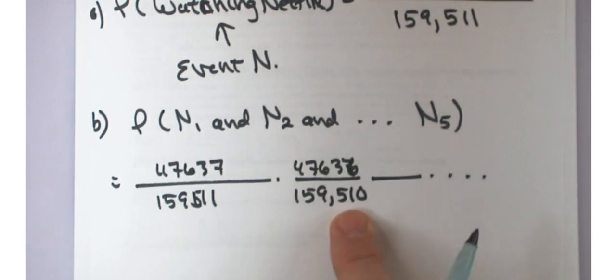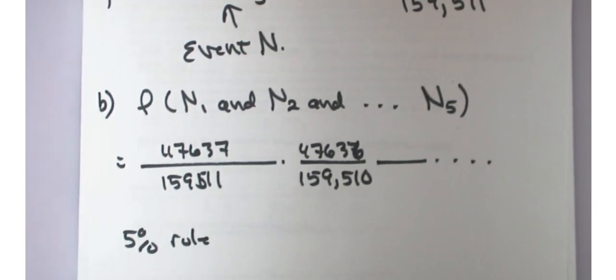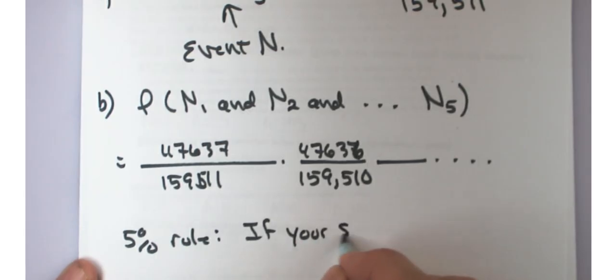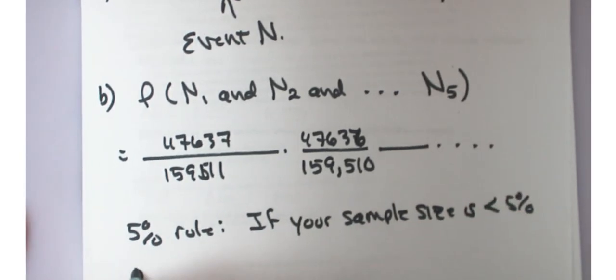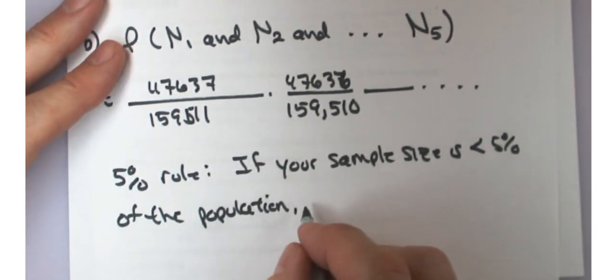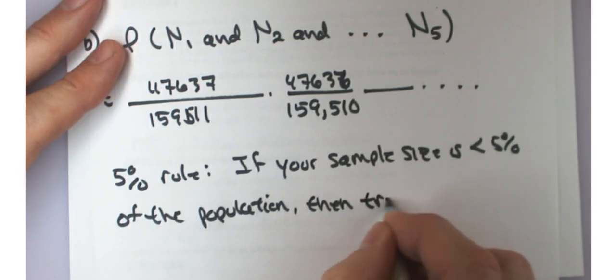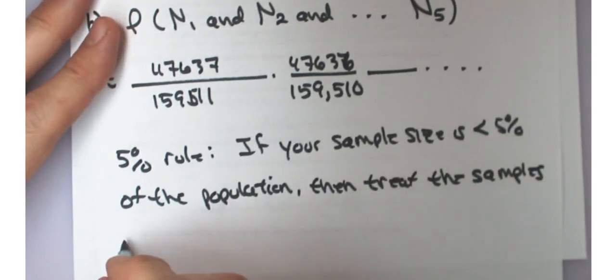So instead, let's notice the 5% rule. 5% rule, as a reminder: if your sample size is less than 5% of the population, then you can treat the samples as being independent.